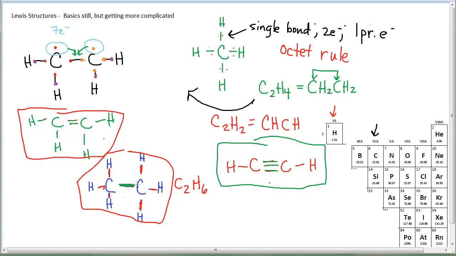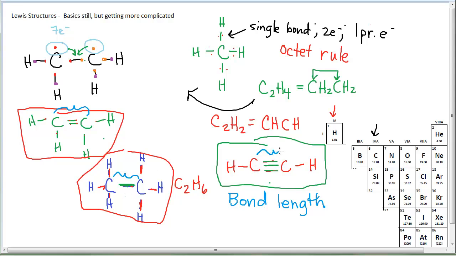If we take these 3 molecules or similar molecules into the laboratory and study them, we see differing properties. Although these 3 molecules are very, very similar, they each contain 2 carbons and then some number of hydrogens, we see very different properties in terms of these bonds. We can actually measure what's known as bond length. The bond length is the distance between the 2 atoms that make up the bond.